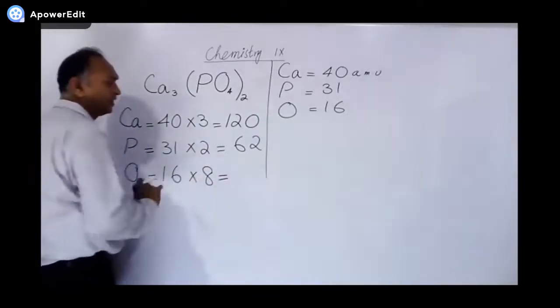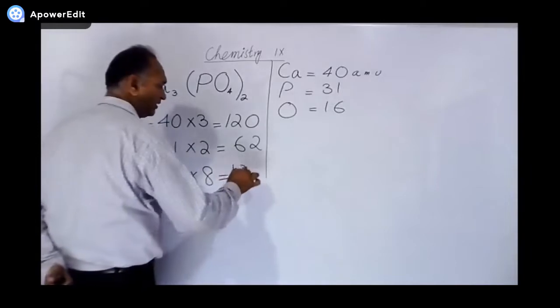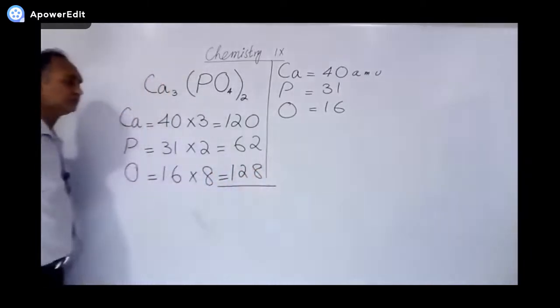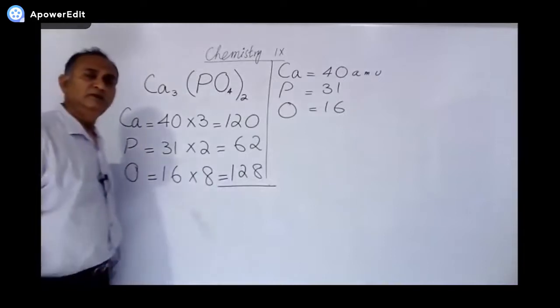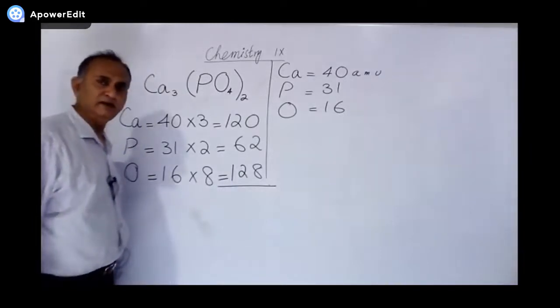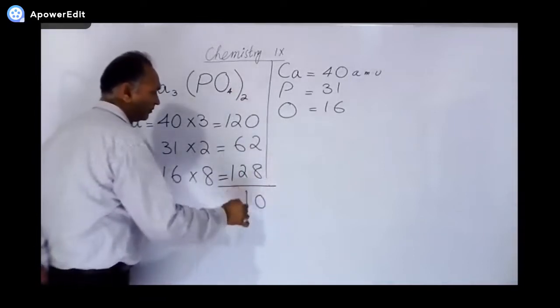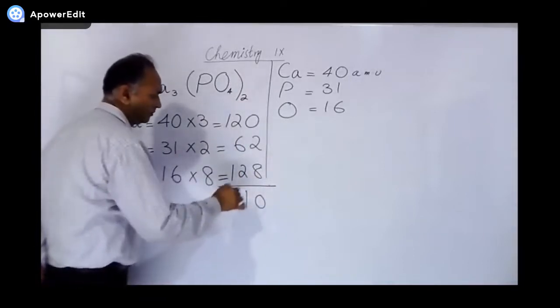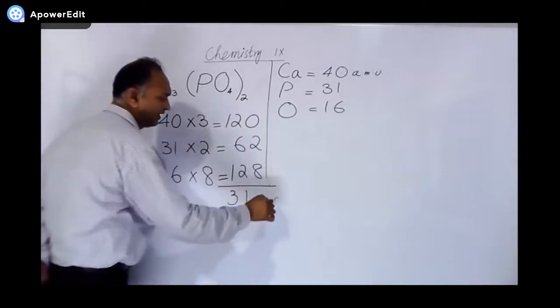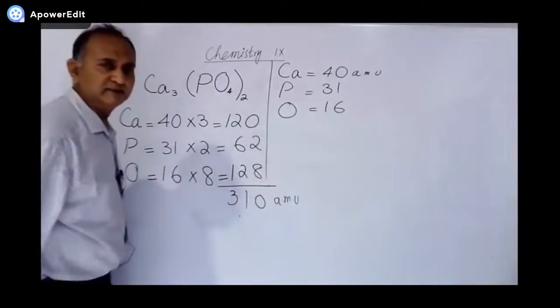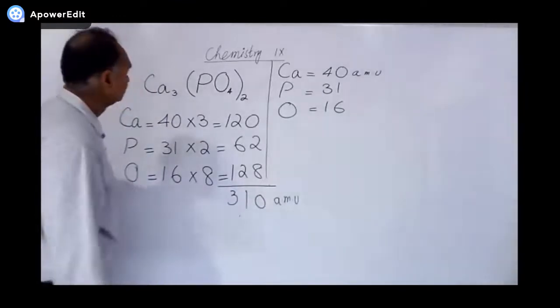Okay. So 16 eights are 128. All right. Now adding all of these, 310 AMU would be its molar mass.